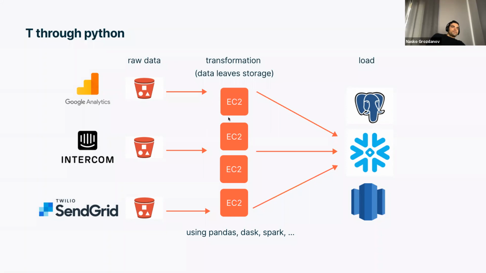And right away, I have to manage this infrastructure, and I have to make sure that I'm not going above the load capacity of the infrastructure. And if it's taking too long, I need to make sure that I can parallelize all this nicely so that it happens in a reasonable amount of time. And once all that hard work is done, then I put the data into a data warehouse.